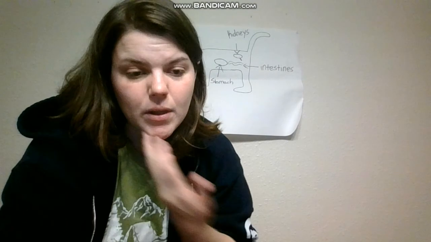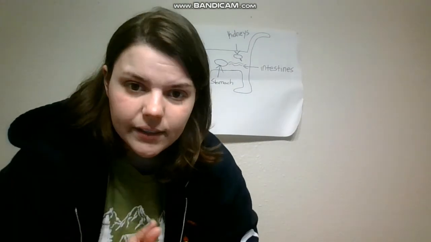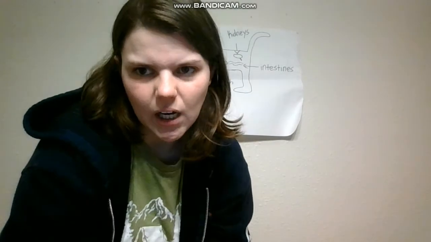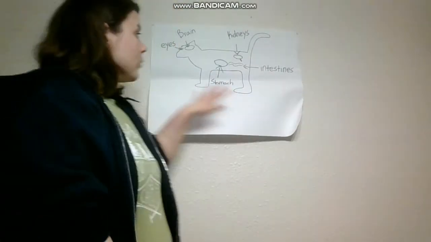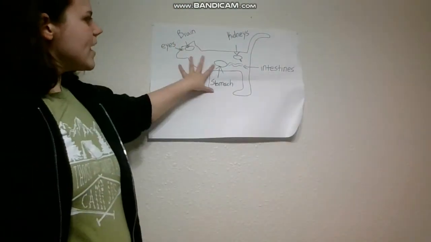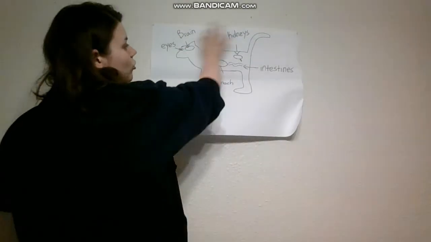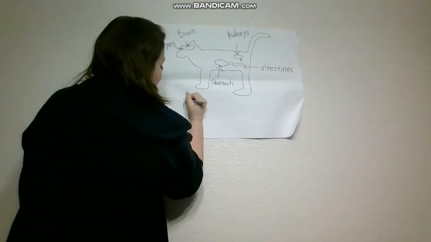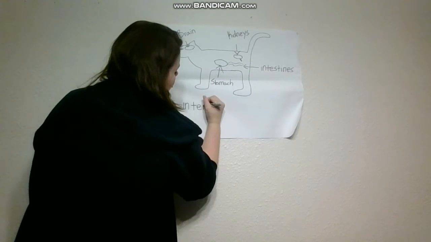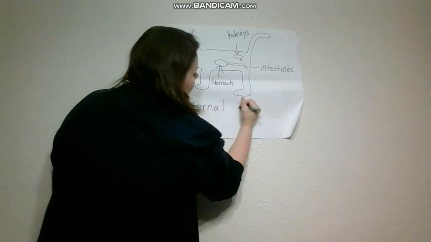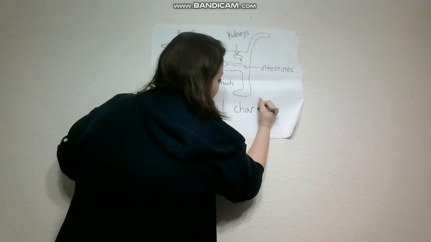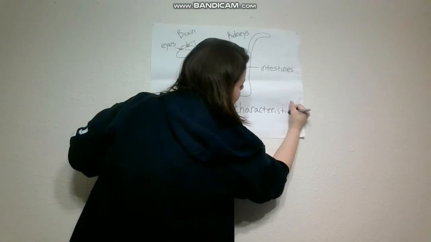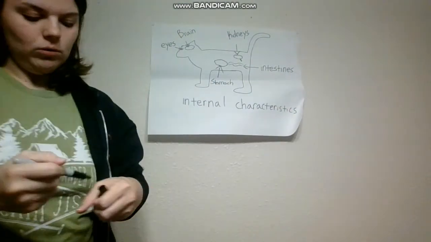All right? So I want you guys to come up with an animal that you think is interesting. Maybe do a little research about it. What kind of internal, these are all internal because they're on the inside. So think about the internal characteristics of that animal.